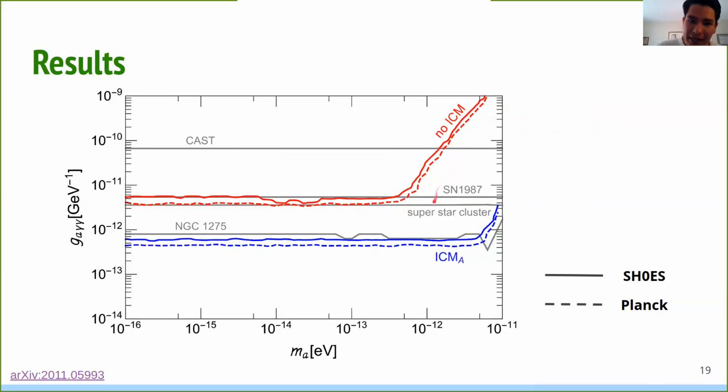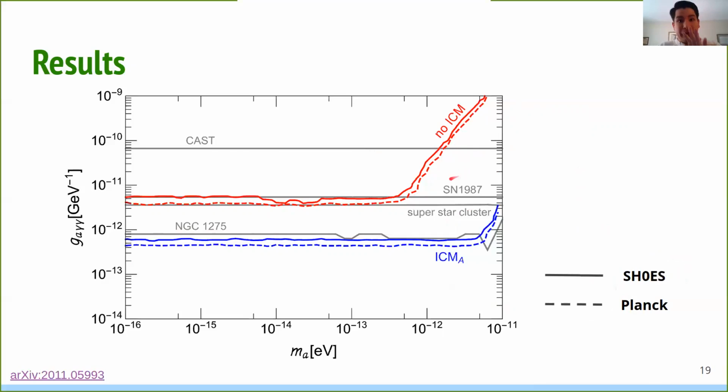Now, the solid line is what you get in the bounds if you consider the Hubble parameter H0 from cosmology to be given by the value from the SH0ES collaboration from Riess et al., which gives a 74 kilometers per second per megaparsec value. If, on the other hand, you consider the value of Hubble to be given by the Planck collaboration, which gives 68, I believe, you end up with this dashed line.